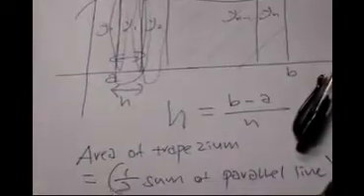For the first trapezium, the parallel lines are y0 and y1, so it is half of (y0 plus y1), and h is the width. This is one trapezium, and we have a lot of trapeziums. After adding up all of them, we come out with this formula.